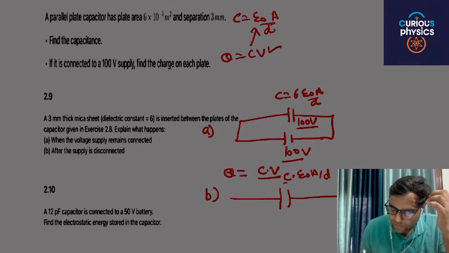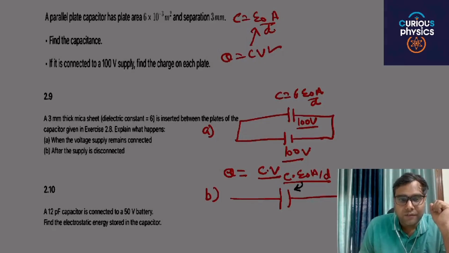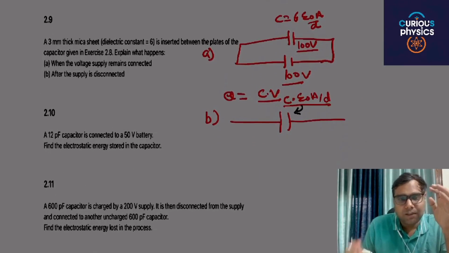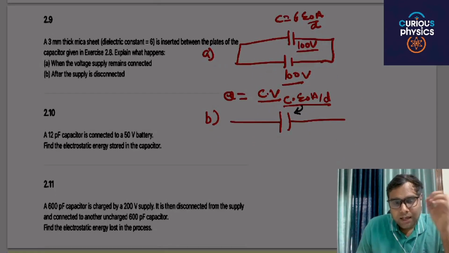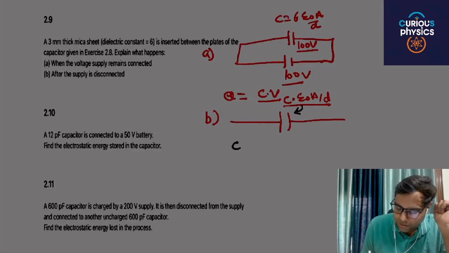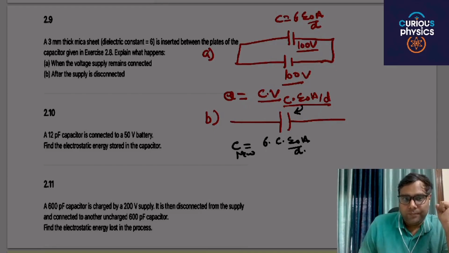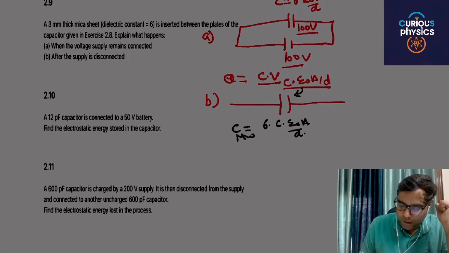This will be the value of the charge. After we have disconnected the supply, the new capacitance will be 6 epsilon naught A divided by D. Then what will be the new potential?